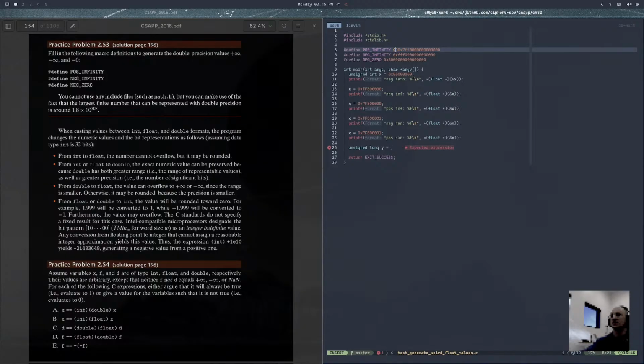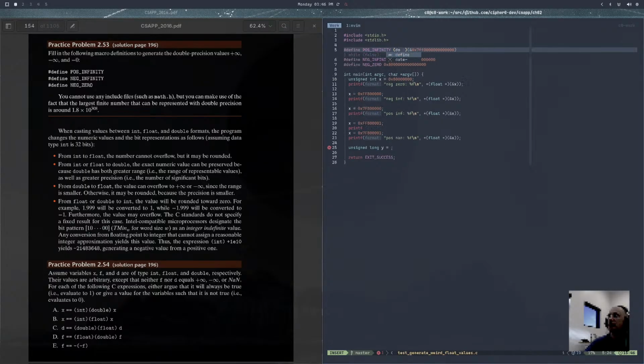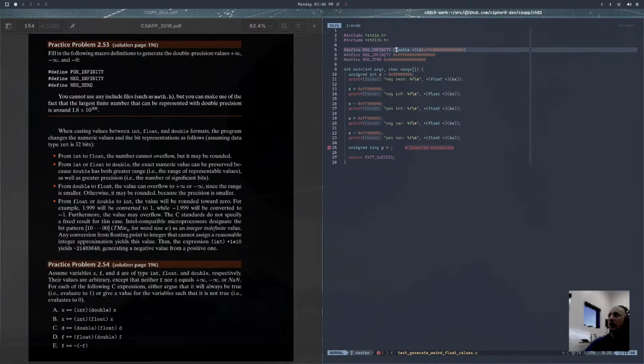I guess what we could say is, hey, take a reference to this. Now it's a pointer. Whatever type you gave it, I'm going to give it a new type, which is going to be a pointer to a double. And then we're going to dereference that. I think this will work, hopefully.